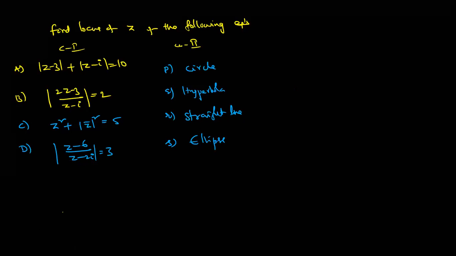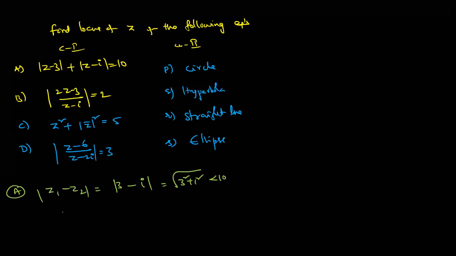Anyone? See here, option A, modulus of z minus z1 ... z2. Please, anyone find out? z1 is how much? 3 minus 5. How much is coming? 3 square plus 1 square, which is less than 10. Less than 10 means what is the case?